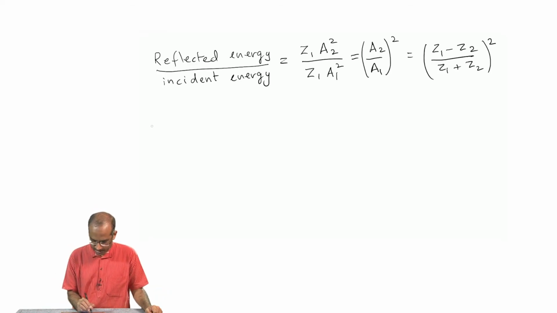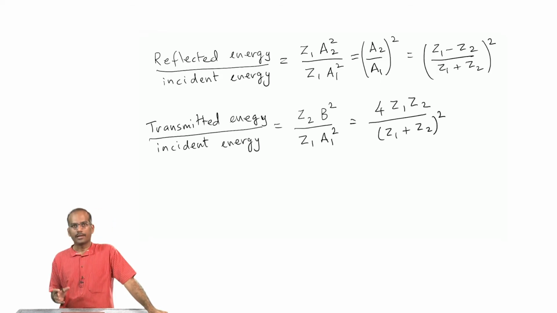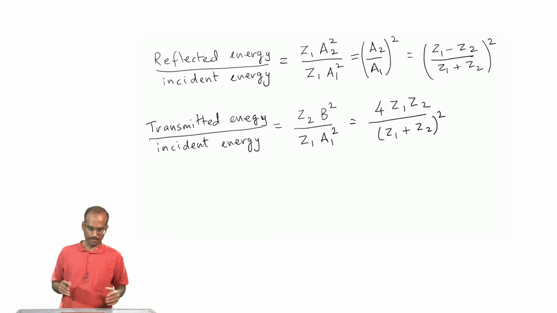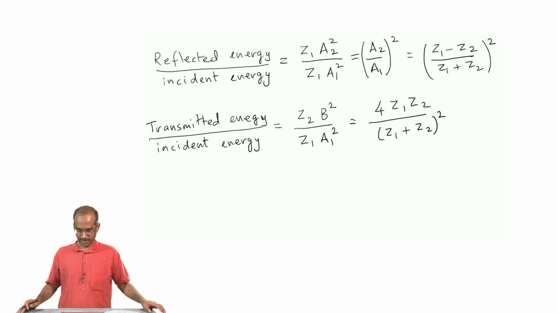Now, what about the transmitted energy? Let us write a simpler expression for the fraction of transmitted energy. So, clearly now I have these two quantities, which are ratios of reflected energy to incident energy and transmitted energy to incident energy. With this we can make a few simple checks.